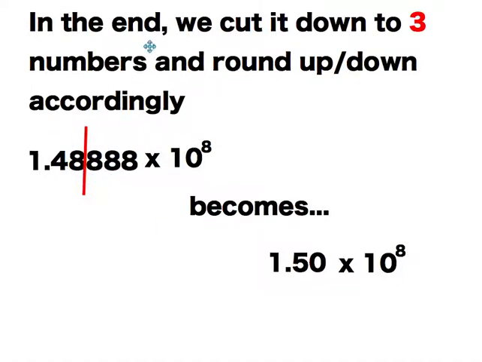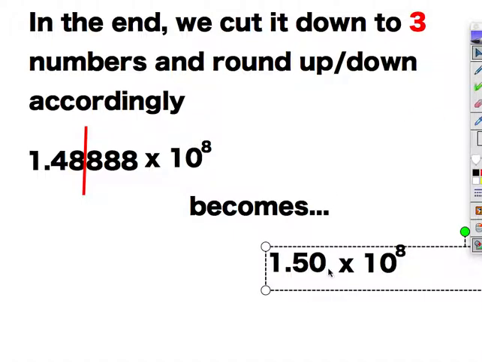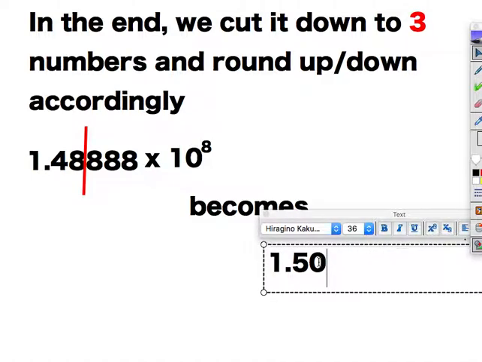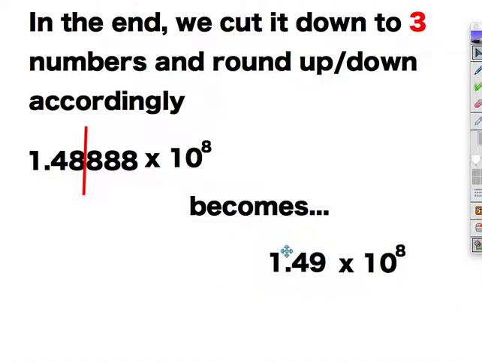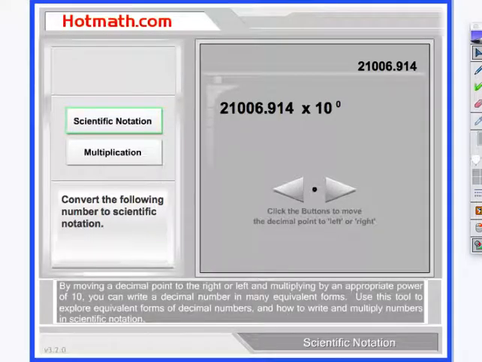So in this example, I would just pretty much use 1.49. I'm going to change this. So this is a little bit wrong, 1.49. Okay, sweet. So it would be 1.49 times 10 to the power of 8. Okay? Sorry about that.